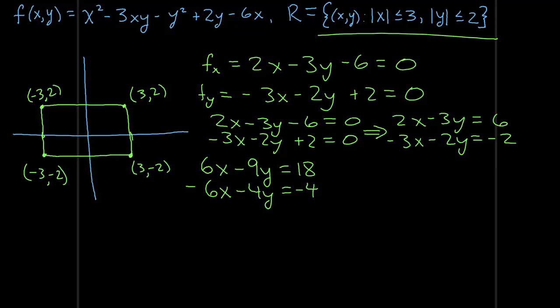If I add those, I then get that negative 13y equals 14, and that gives me that y is equal to negative 14 13ths.